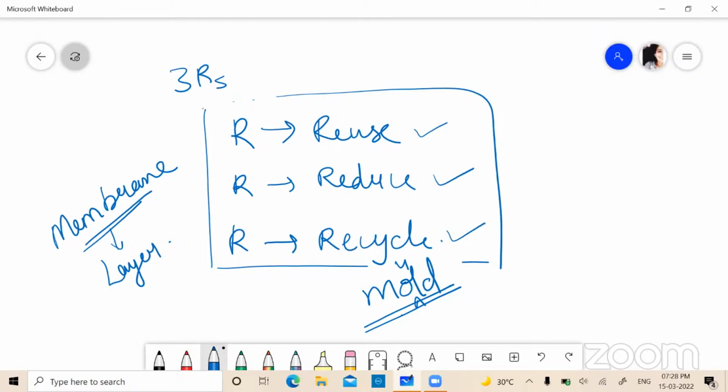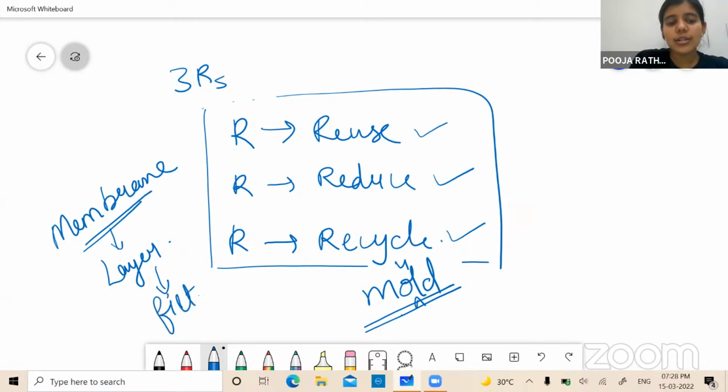Yes, ma'am, that refines. Yes, this layer filters out the polluted material, the impurities from water, and makes that water good for our use. These membranes are used in filters that we use at our homes, like aquaguard, pureit, and other things.